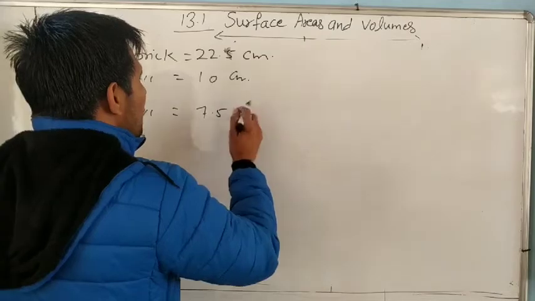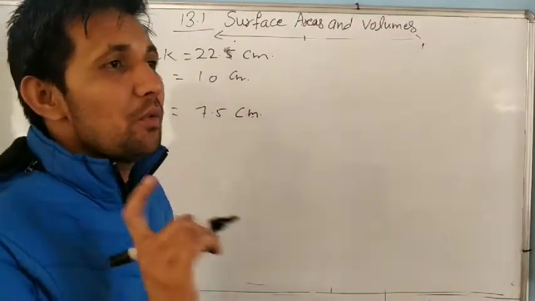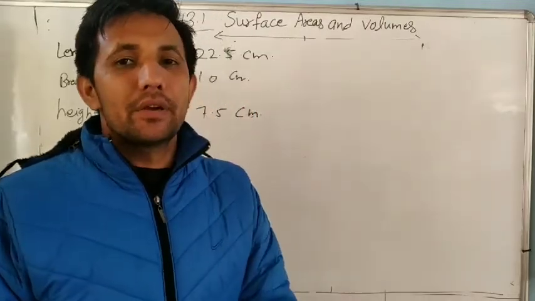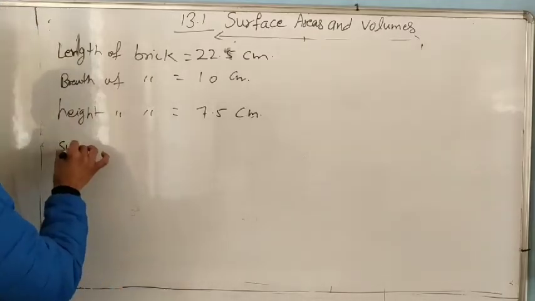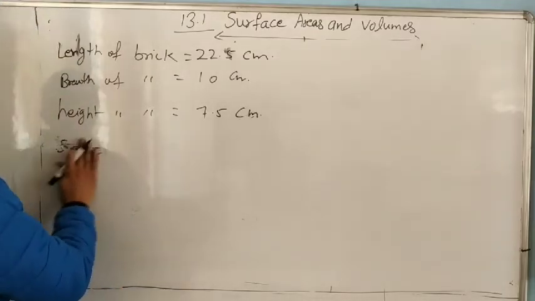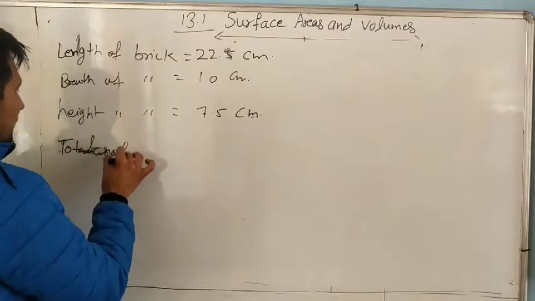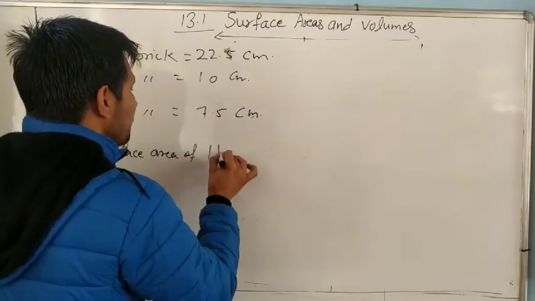So first we want to find the number of bricks. First we will find the area of one brick. We will write the total surface area of one brick.